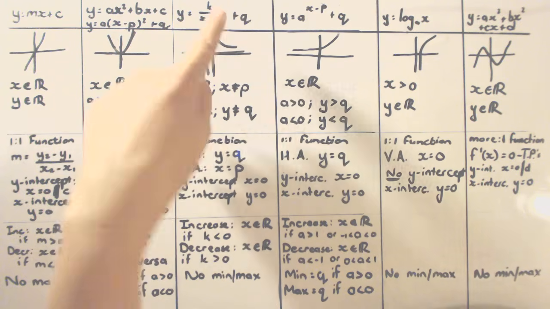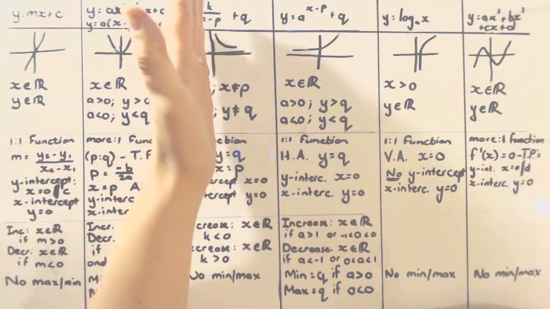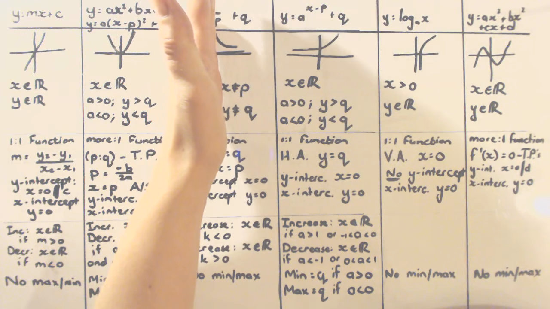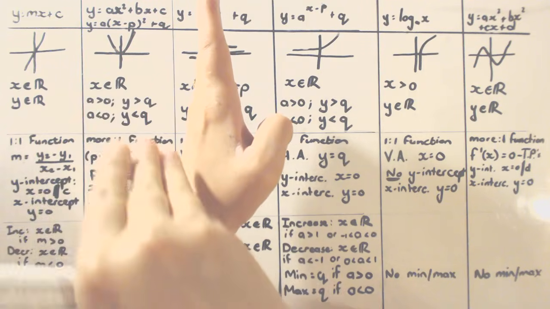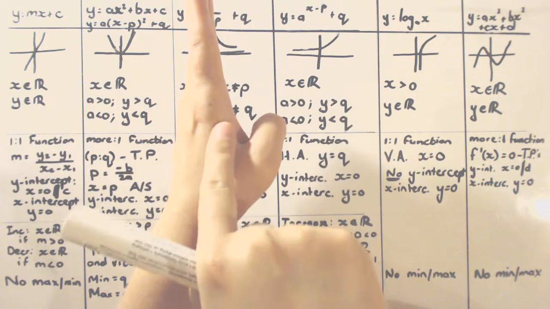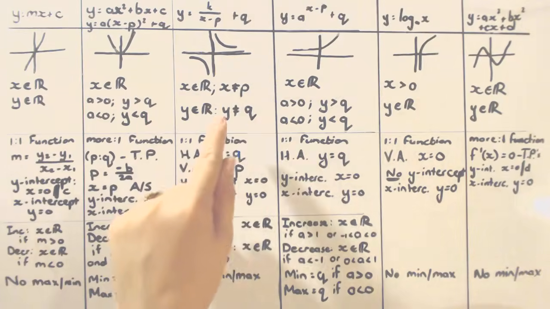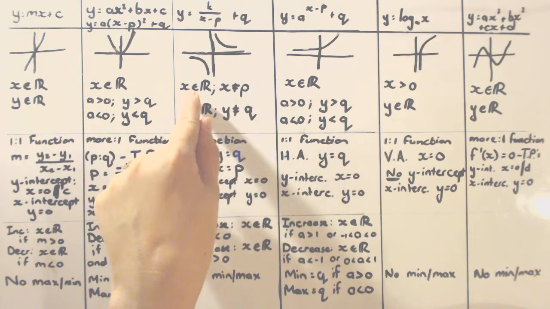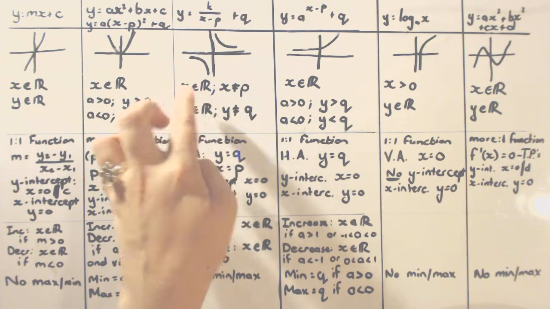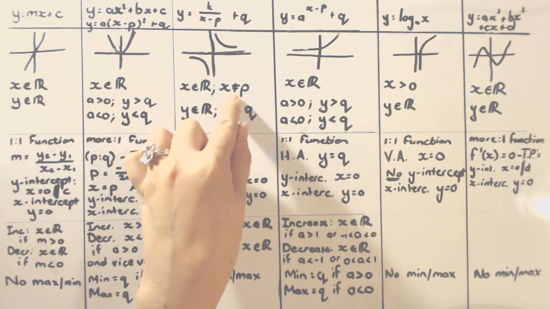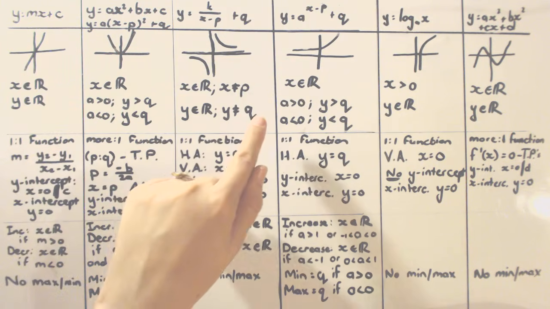So the value of p is my vertical asymptote, and if I look at all the possible x values, x can be anything on the spectrum except for the vertical asymptote, because that x value does not exist, right? So this is always how your domain will look for this graph: x is an element of the real numbers, all of the possible values, except x cannot be p. And the same with the horizontal asymptote, which is q.